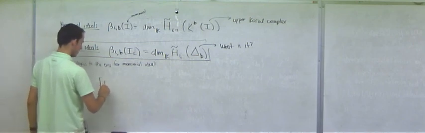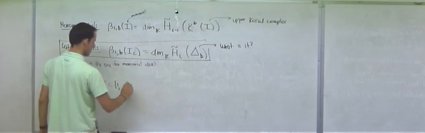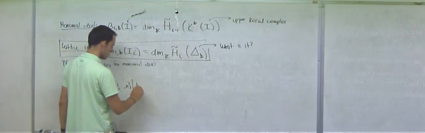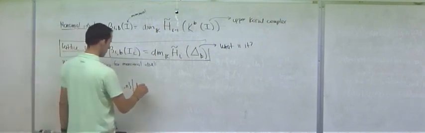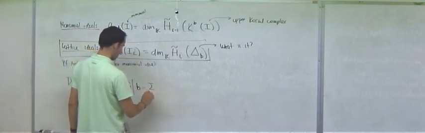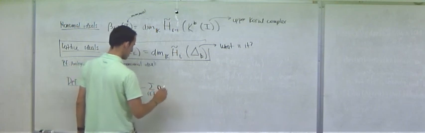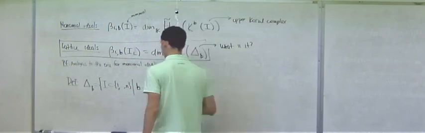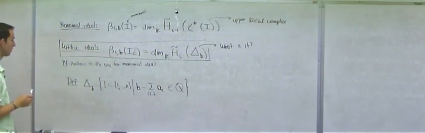It's the collection of subsets of 1 up to n, such that if you start with b, and you subtract the generators corresponding to those guys, then you are still in Q. Okay.